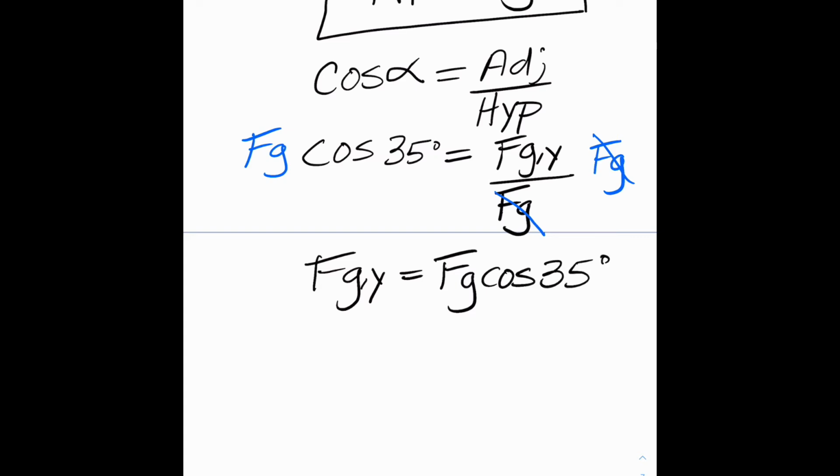And we know that FG, or should know, is equal to mg. So let's go ahead and add that in. And we want to know what FGY is, because if we know FGY, we know force normal.